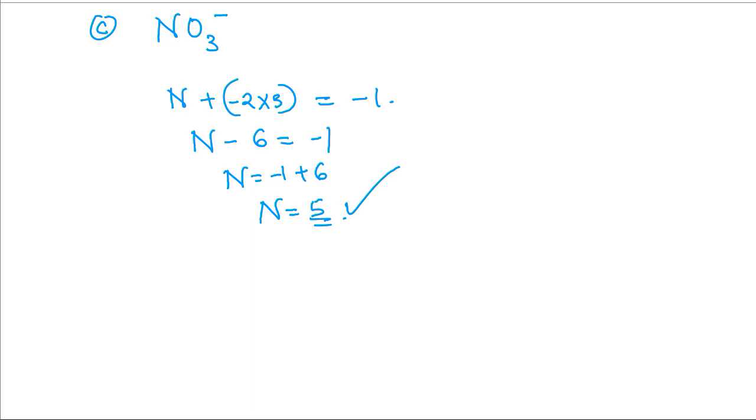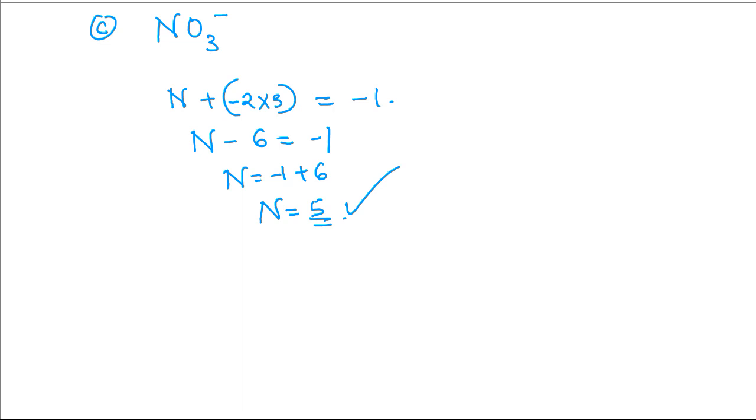So we have seen that it is the oxidation number of nitrogen in nitric acid that gives the name nitric 5 acid. It is the oxidation number of nitrogen in dinitrogen tetraoxide that brings out that name.